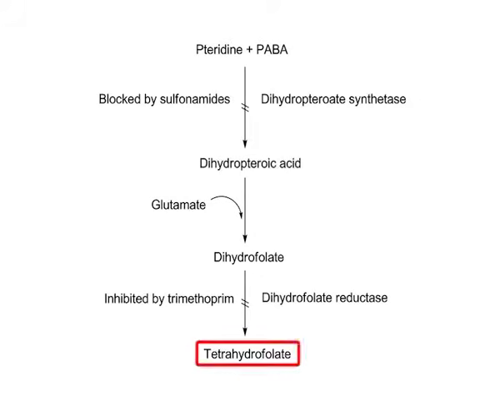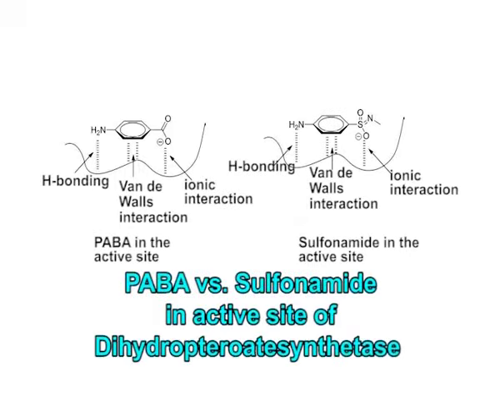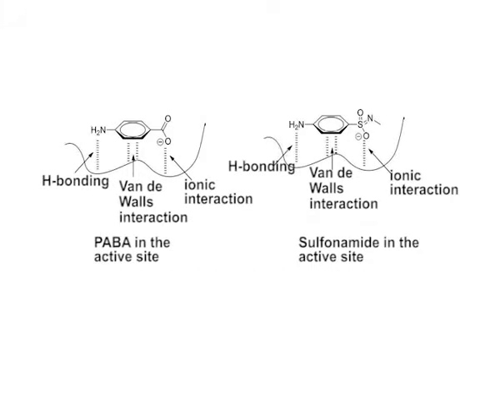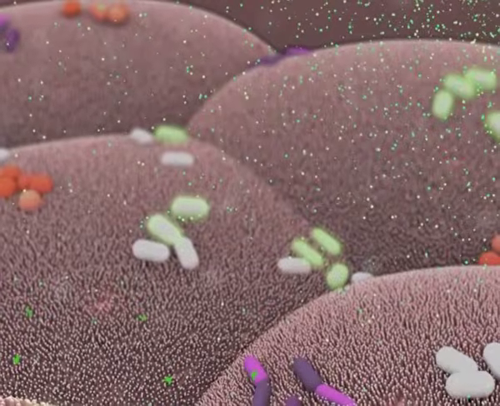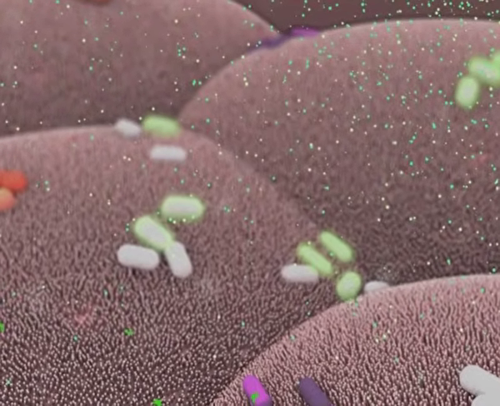This binding is reversible, so they have a bacteriostatic effect, not a bactericidal effect. This is again shown in a figure where we have seen PABA versus sulfonamide in the active site of dihydropteroate synthetase.